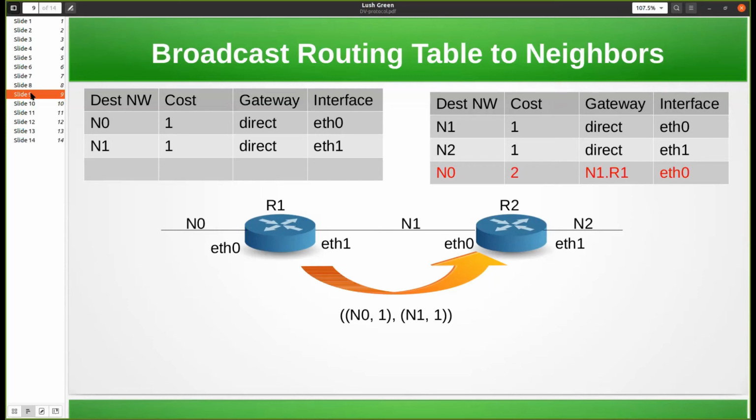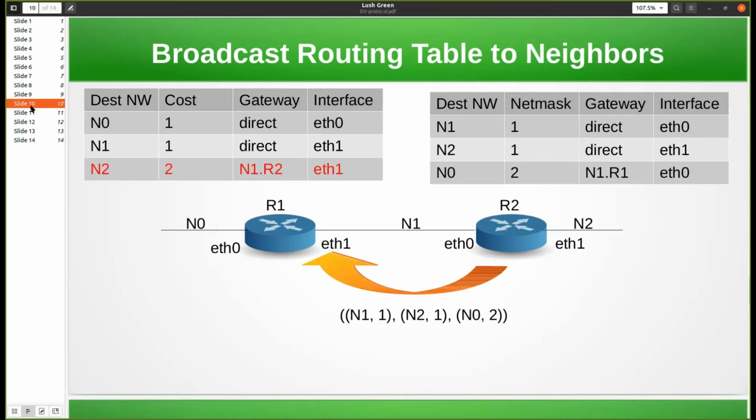Okay, let's move forward to the next slide. Now, when R2 advertises its routing table, please note that it is advertising N0 also to R1, right? But obviously R1 is not going to update N0.